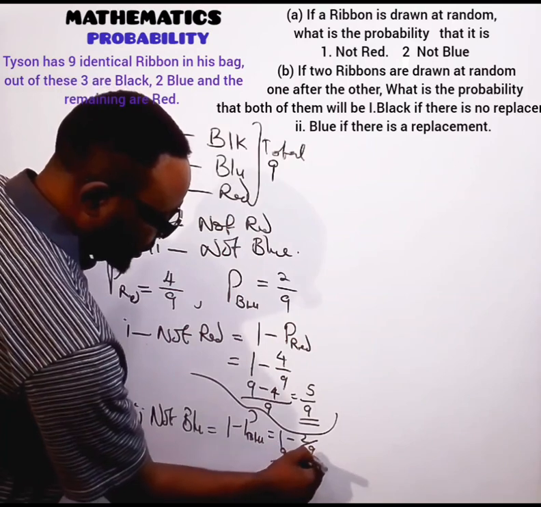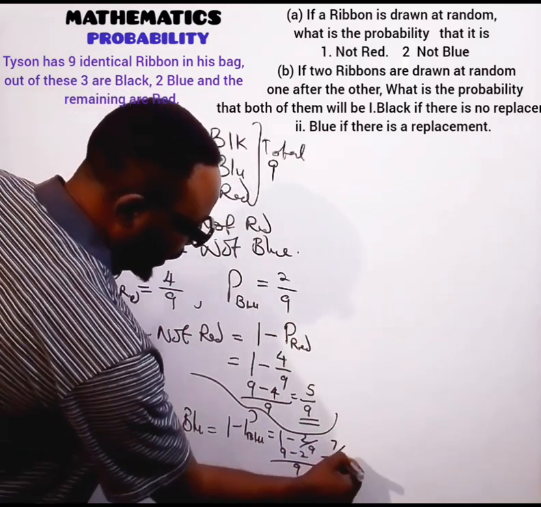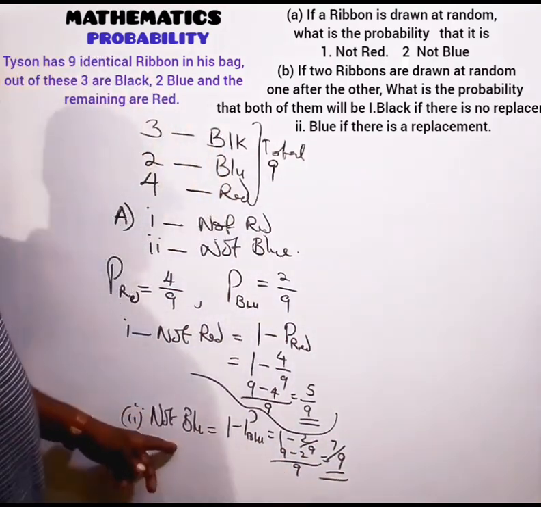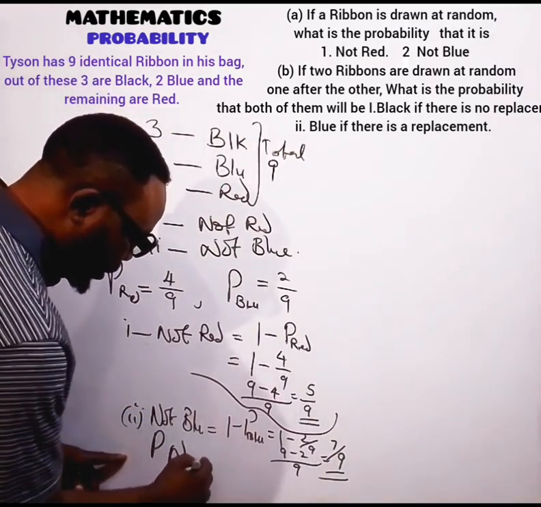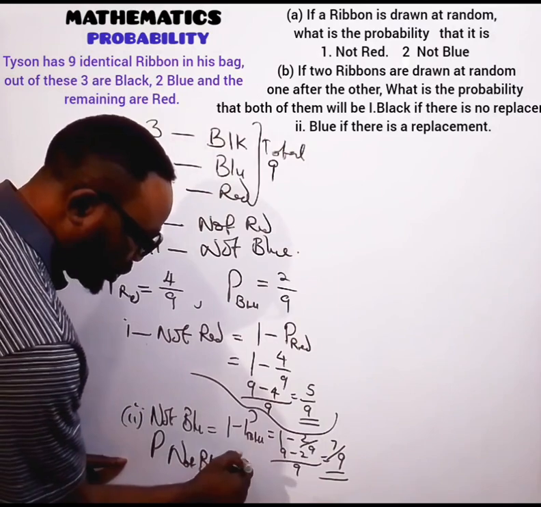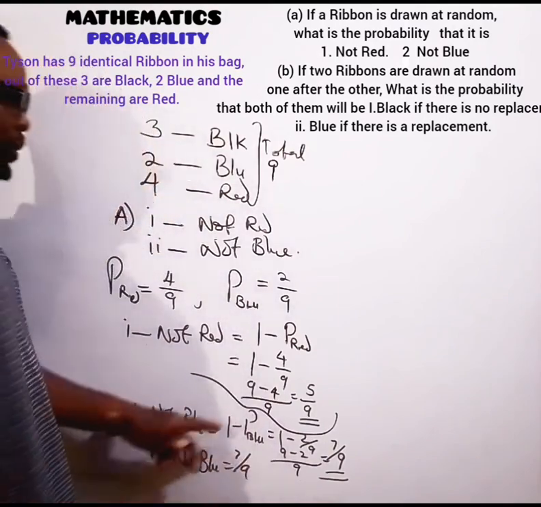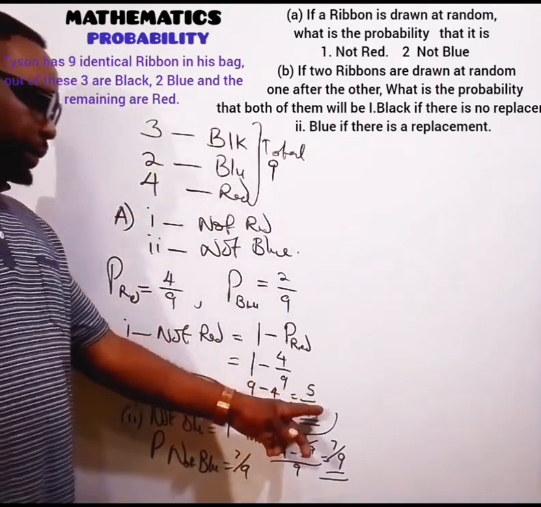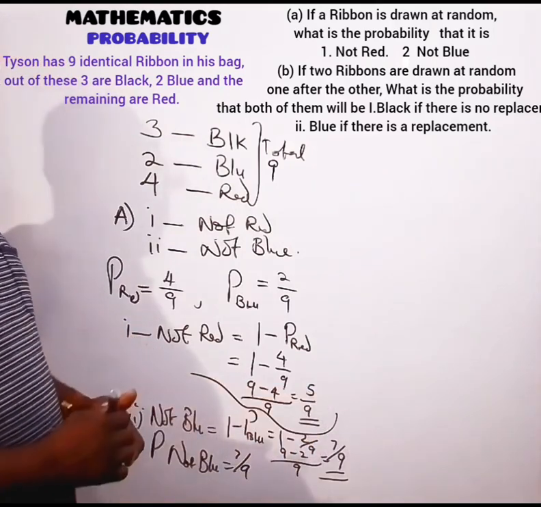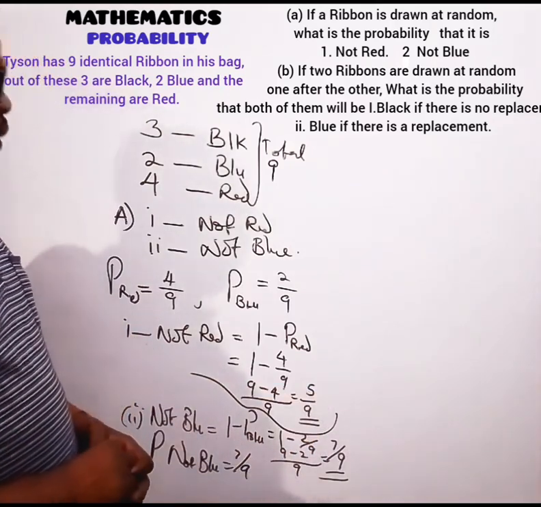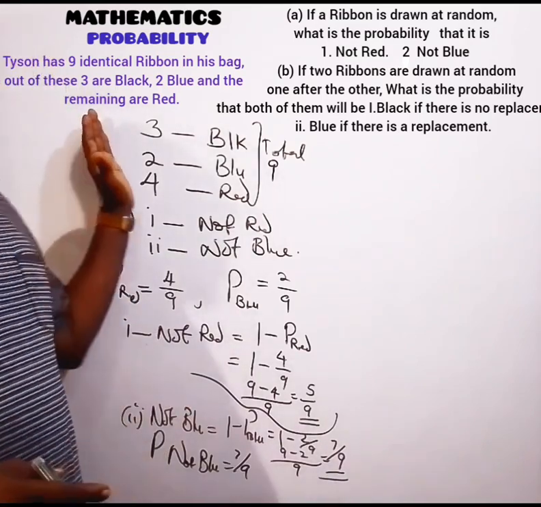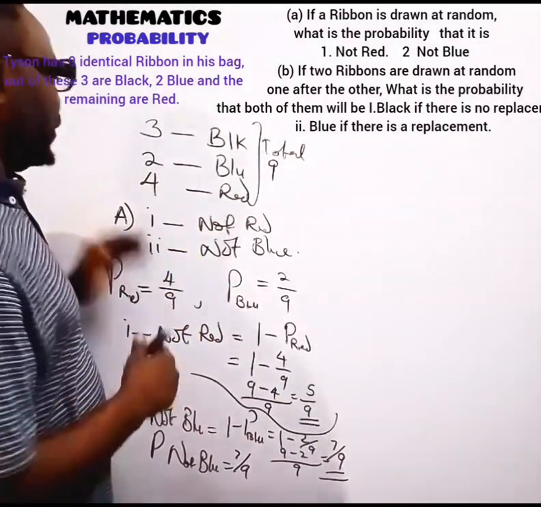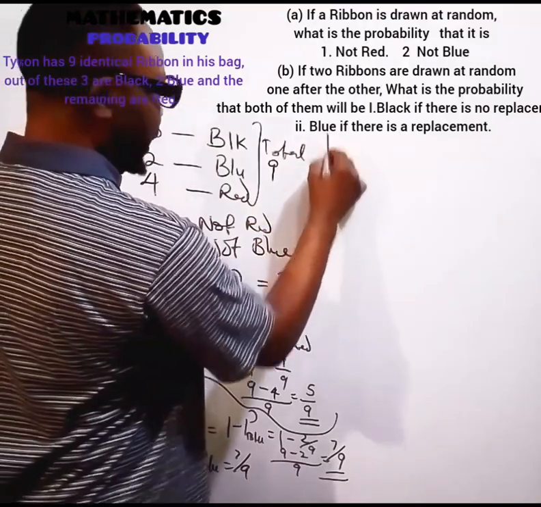That's 9 minus 2, that will be 7 over 9. So probability of not blue is 7 over 9, while probability of not red is 5 over 9. So we've been able to get the answer for the first part of the question.